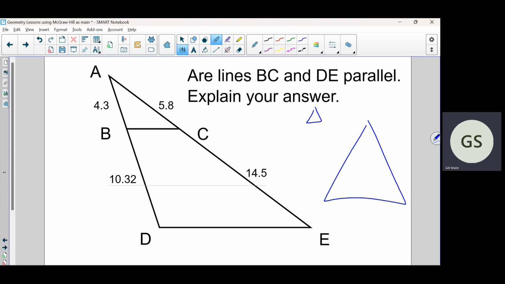You just got to figure out which sides match up based on the way they're named, or the longest side. If you have numbers, you can just use the numbers. If you have measures of angles, you can use measures of angles. So we said, though, that the sides are in proportion.